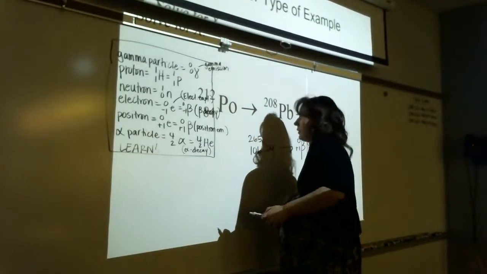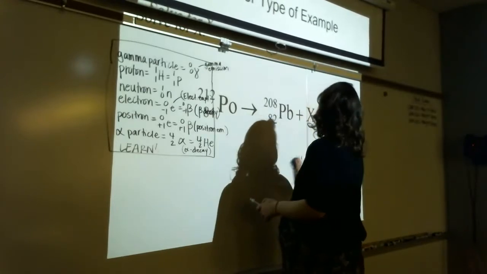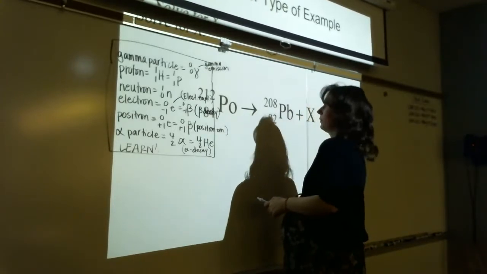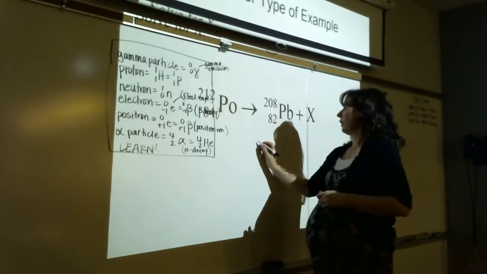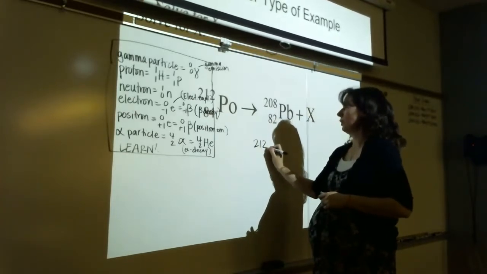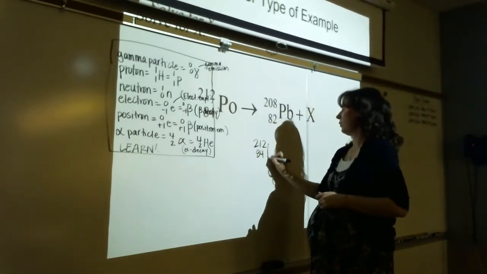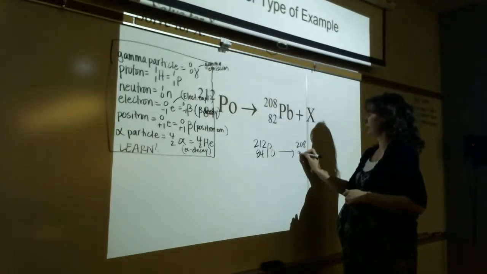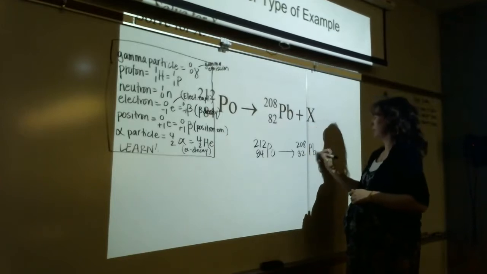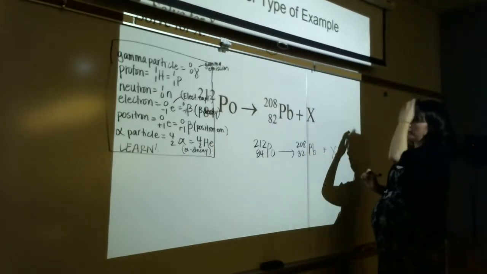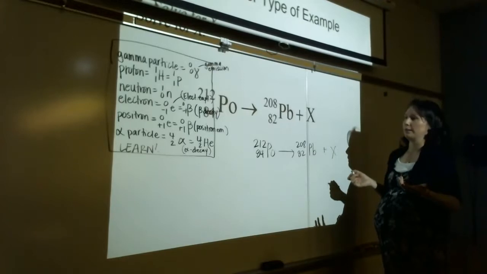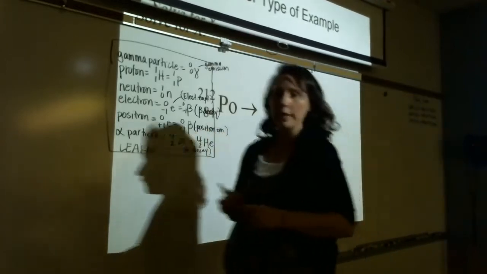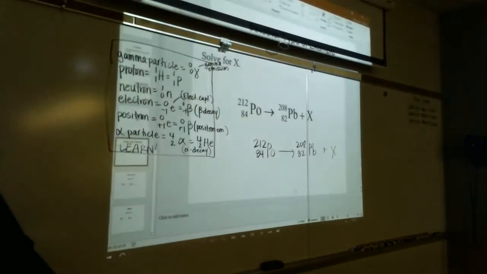If we've got, I'm going to write it down here, 212, 84, Po, goes to 208, 82, Pb plus X. Okay, so in other words, the problem's asking us what kind of reaction took place.